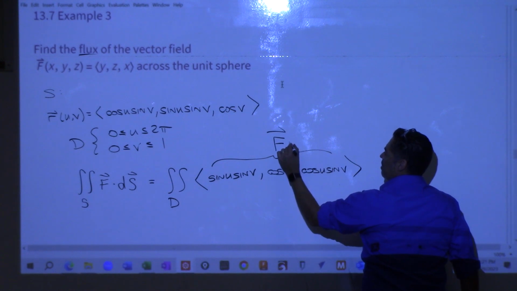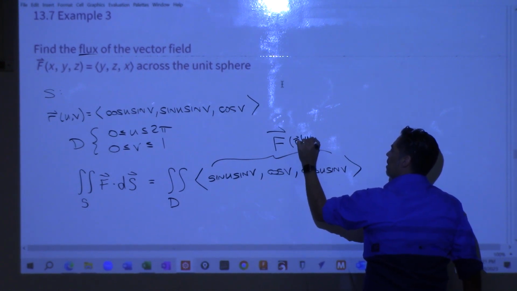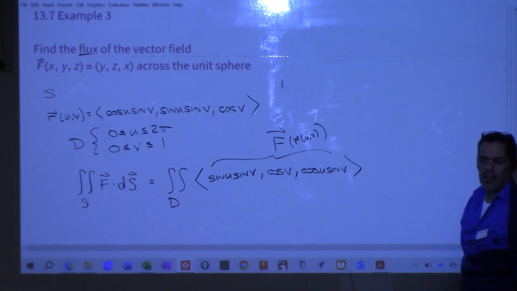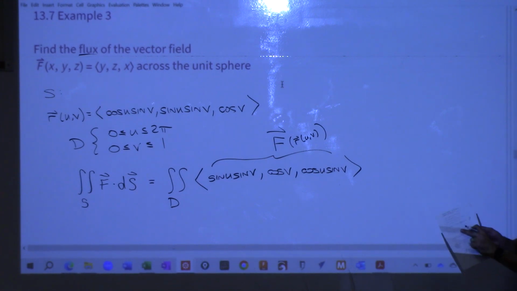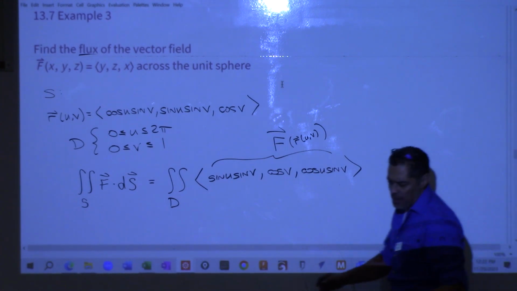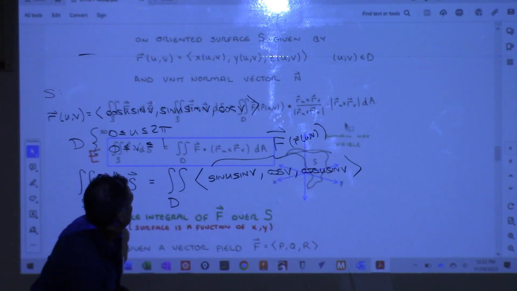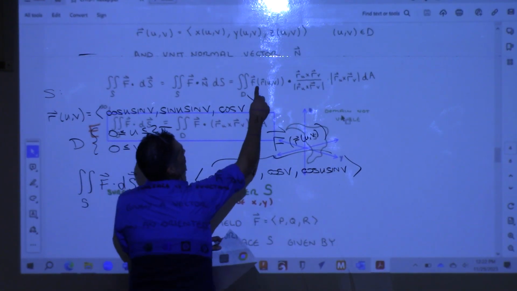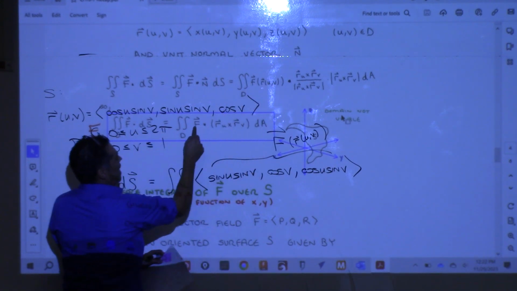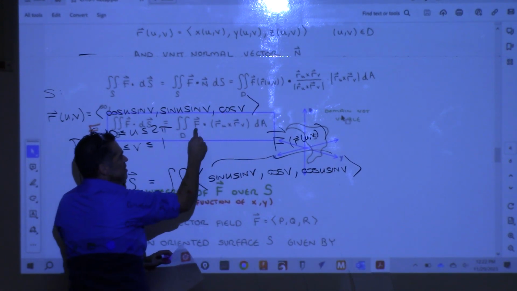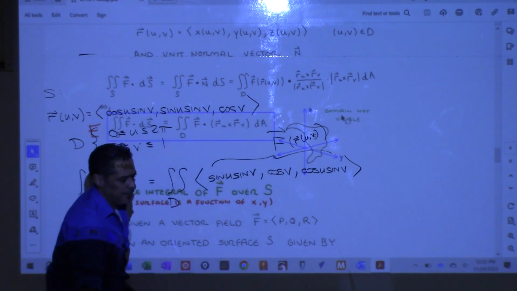Really, if you don't like that notation, it's F of r(u,v). That's really what it is. And you can see that in the formula. Do you see on the line before it, when I canceled stuff, I have it written that way right there. But when I go to the next line, I just get rid of it. So this is implied, that means this.